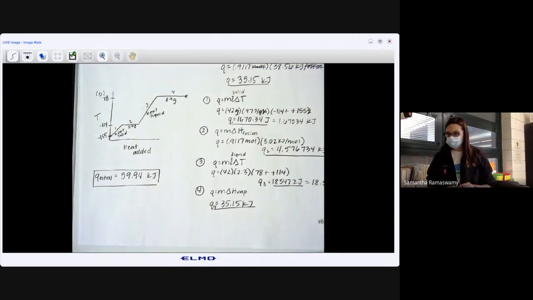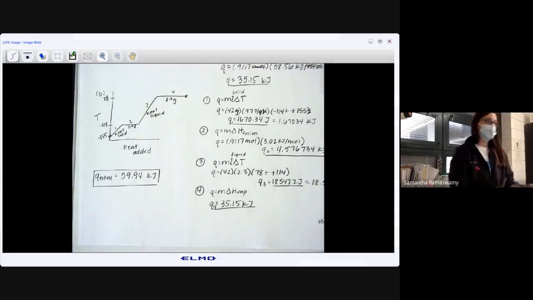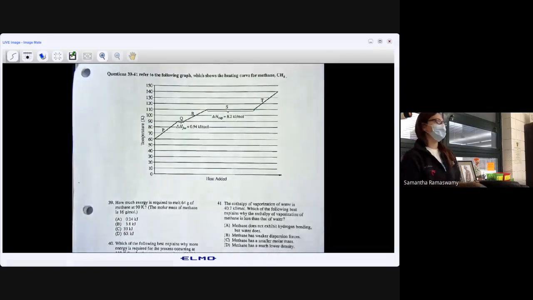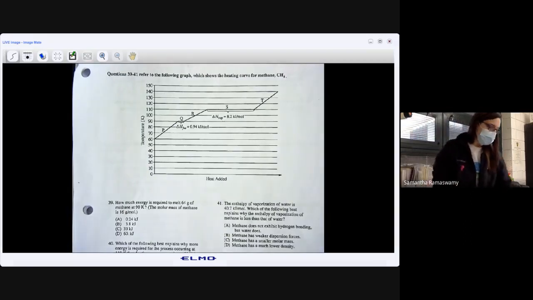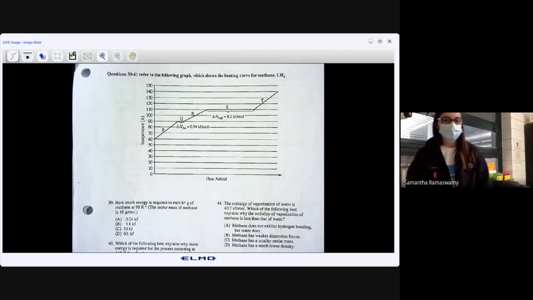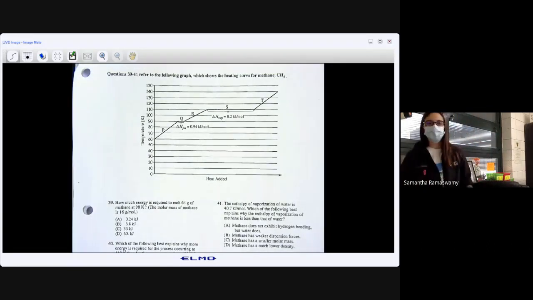Any questions on the heating curve example? There's just one more quick thing, and you can probably do this before the bell rings. On page 17, there are 3 multiple choice questions. 3 multiple choice questions should technically take 4.5 minutes. So try these questions. Again, this is on page 17 of the notes.